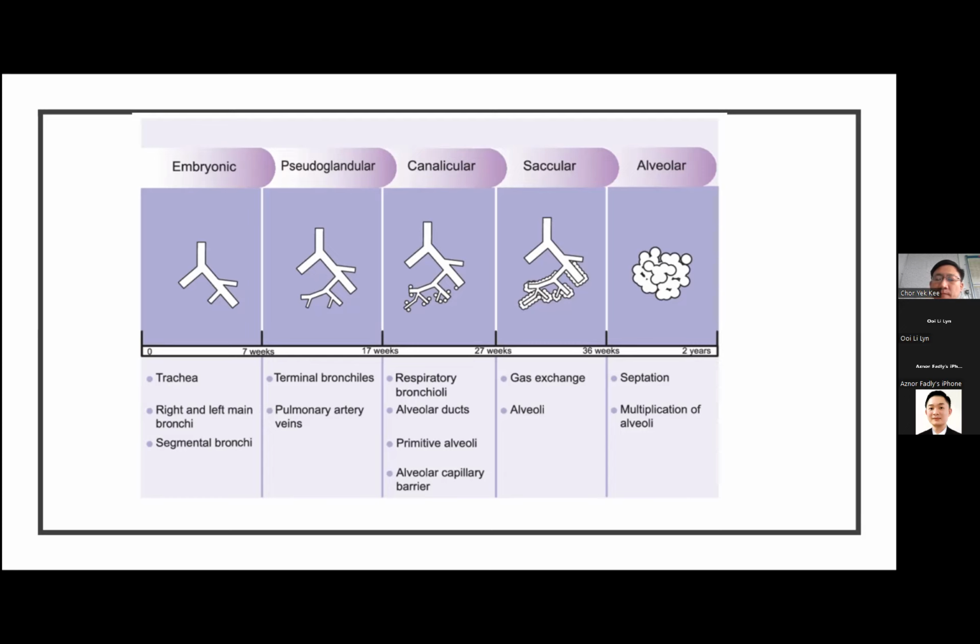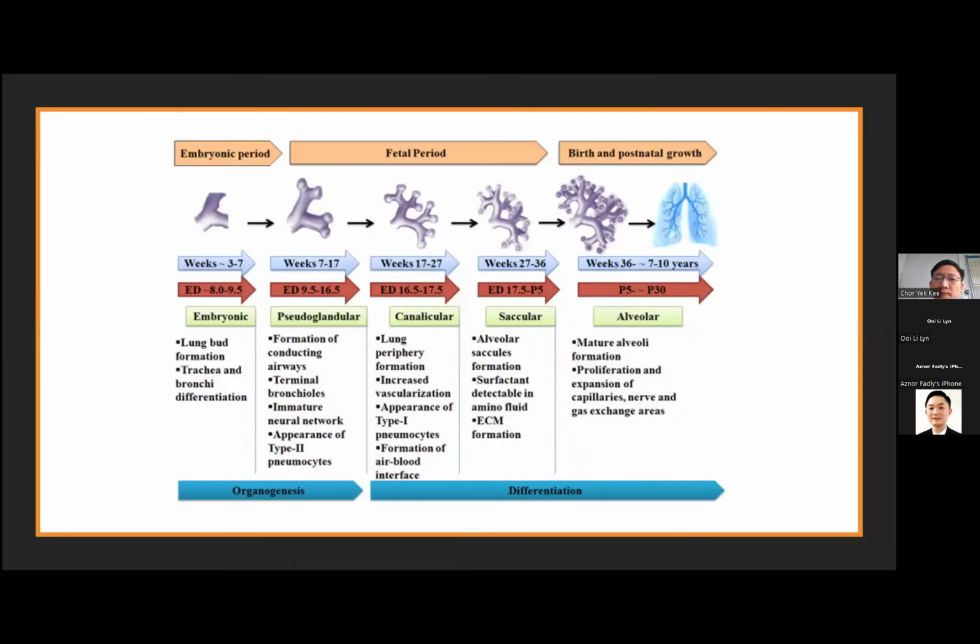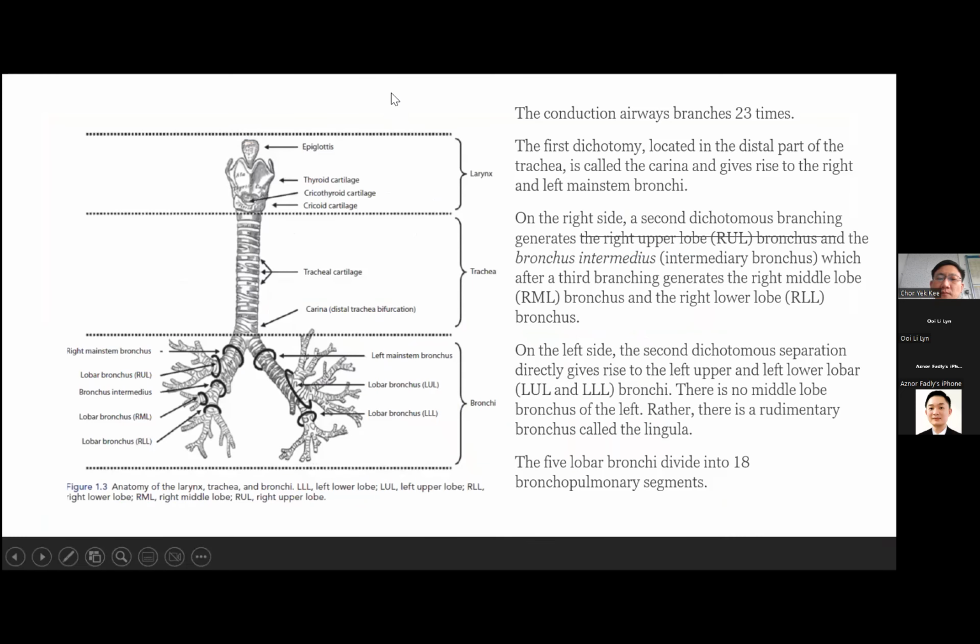And our lung development doesn't stop there. It actually progresses from birth until around 8 years old, whereby our alveoli don't increase in number, but they increase in size. This is a bit of repetition of what I have told you just now. From the trachea down to our bronchus, the conduction area, like I have told you, undergoes 23 times of branching.